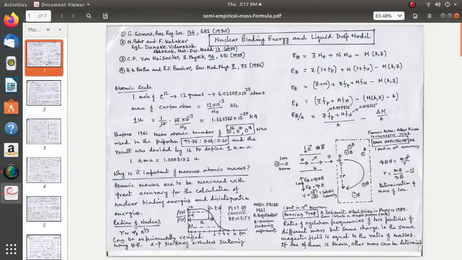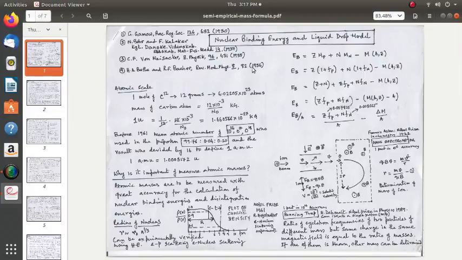And the following papers: the first paper is by George Gamow, 1930, then Bohr and Kalckar, 1937, then Von Weizsäcker, 1935, Bethe and Bacher, 1936.